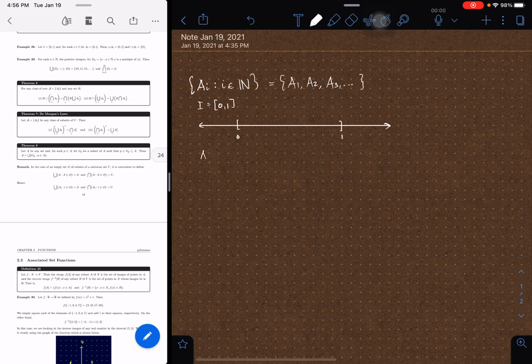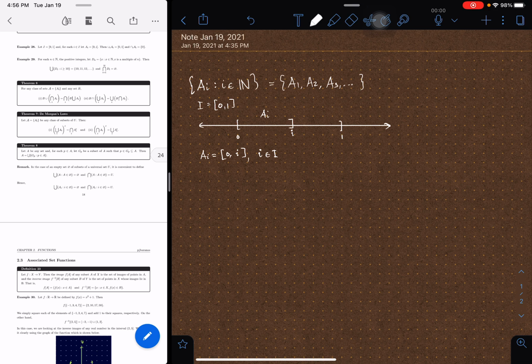We define A sub i to be the set from 0 to i, where small i is in capital I. So arbitrarily, if i is here, then this will be our A sub i.